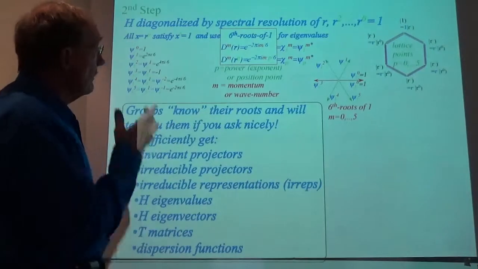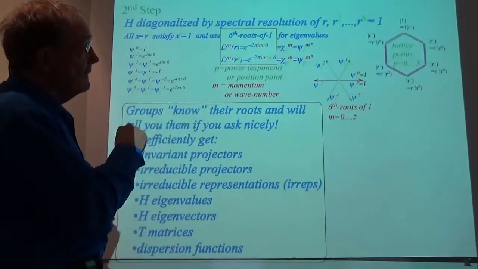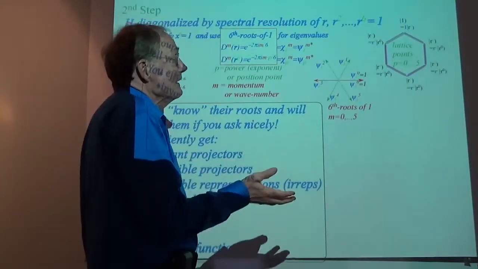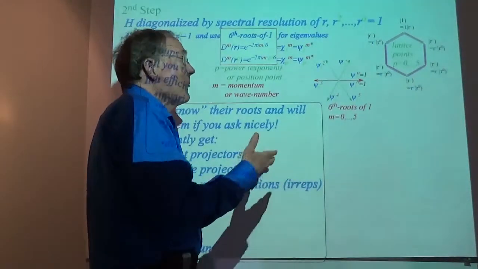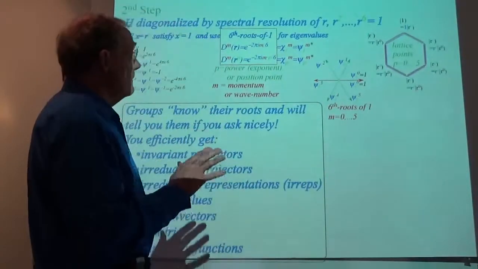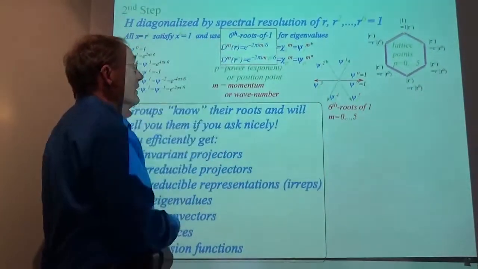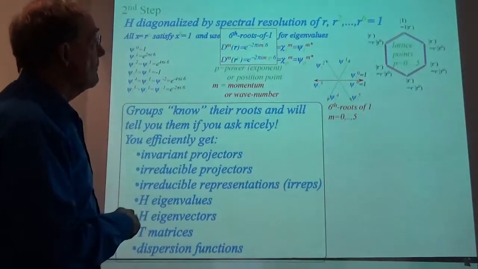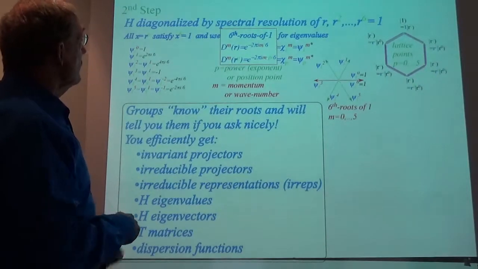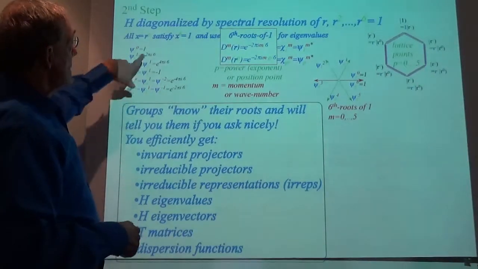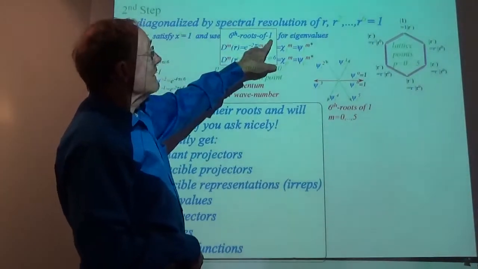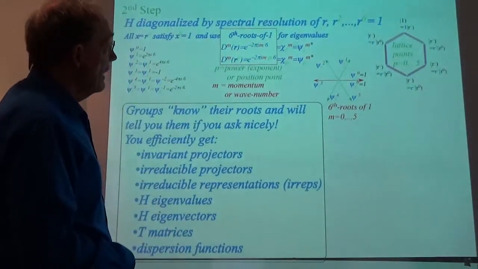These are all operators that will take you back home again if you do them 6 times. Some of them will take you back at 3 steps. For example, r squared would do that. But all of them will take you back if you do as many as 6. So what we're looking for are the roots of unity, that is the 6th roots of 1, for eigenvalues.